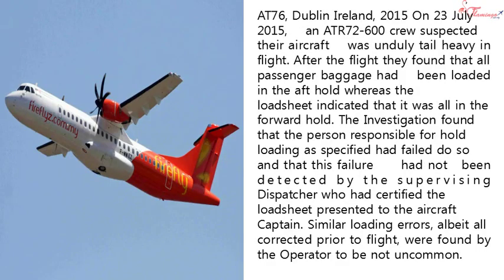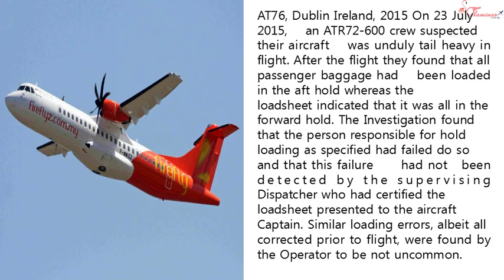AT-76, Dublin, Ireland, 2015. On the 23rd of July 2015, an AT-72-600 crew suspected their aircraft was unduly tail-heavy in flight. After the flight, they found that all passenger baggage had been loaded in the aft hold, whereas the load sheet indicated that it was all in the forward hold.